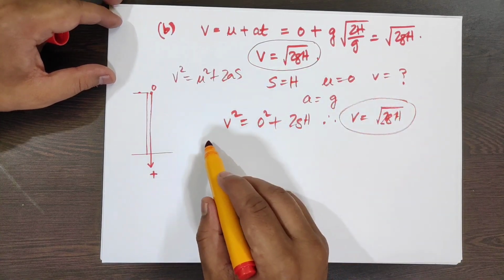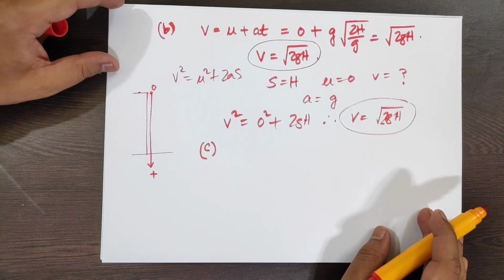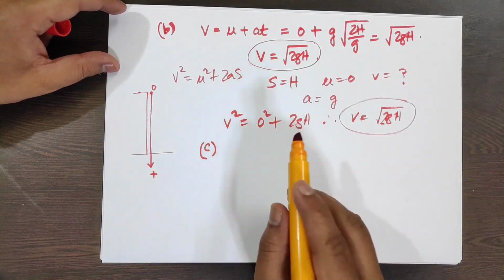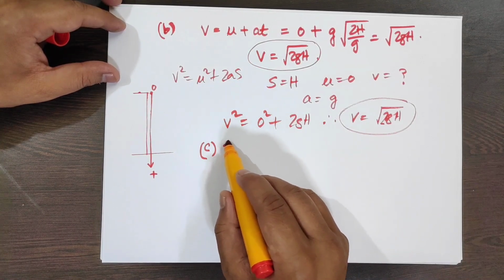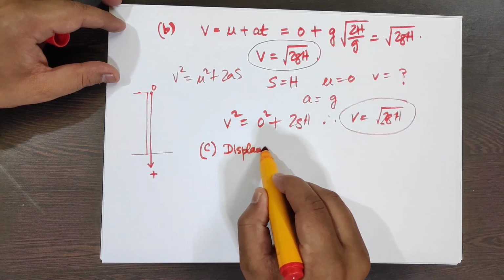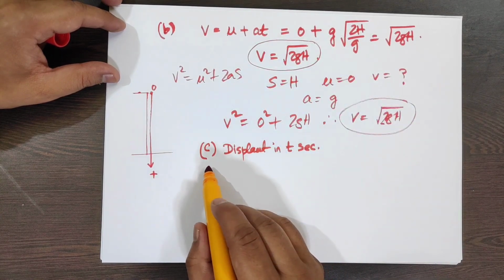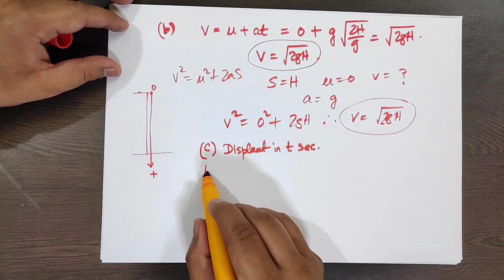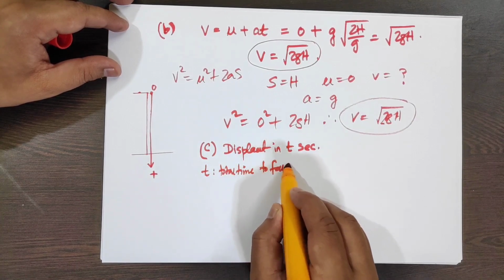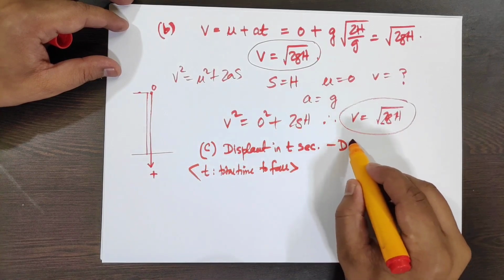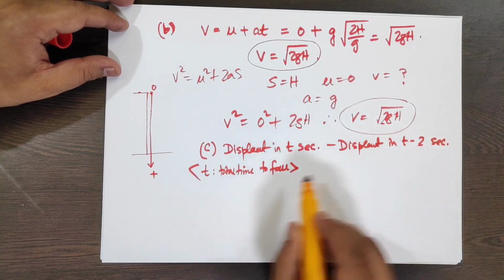And what was the third part? Third part is displacement during the last 2 seconds of fall. So displacement in last 2 seconds is how much? It's displacement in t seconds, I mean t is the time of fall, right? T is the total time to fall, 3 seconds, minus displacement in t minus 2 seconds.